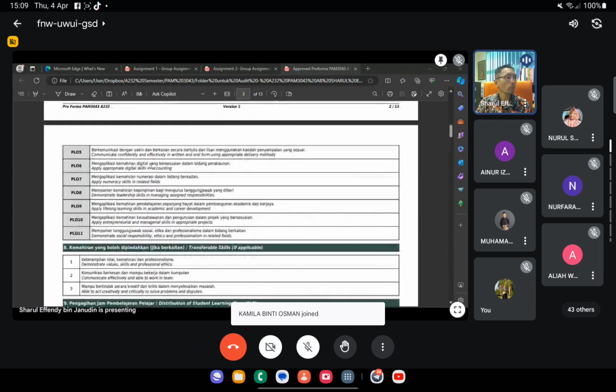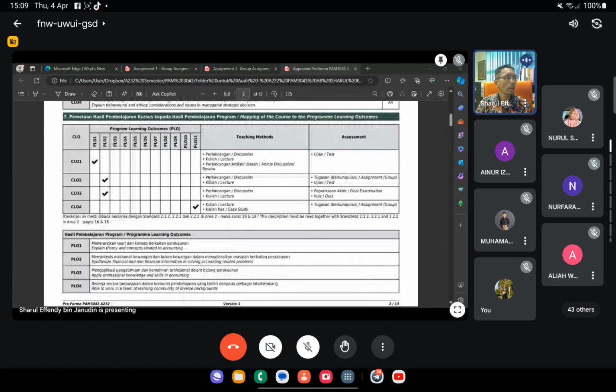And then for CLO2, there is one group assignment, and also a midterm. This one is a midterm, and then CLO3, final exam, as well as one quiz, and then CLO4, still group assignment, the second group assignment.